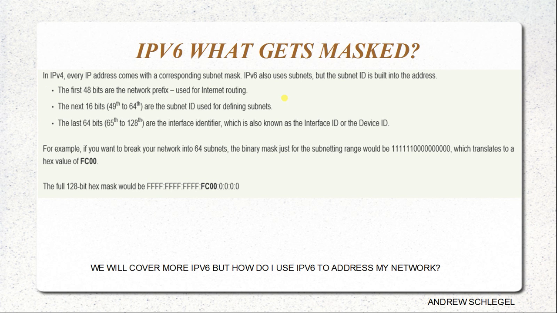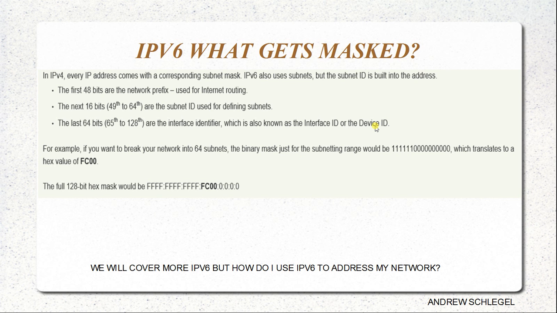So the first 3 hextets, which are the first 48 bits, are the network prefix. Okay, those are network bits. And then the next 16 bits, which is the 4th hextet, are the subnet ID, used for defining subnets. And then the last 64 bits, that's just your device ID, which is the IP addresses you assign to your device.